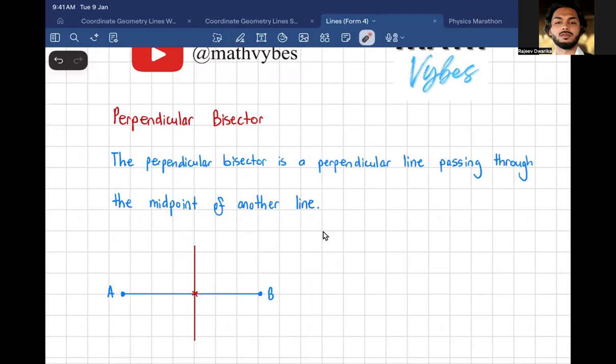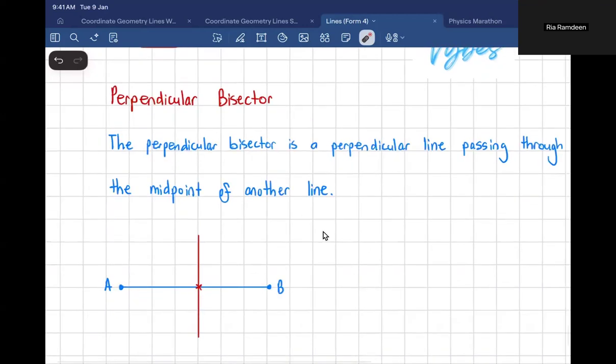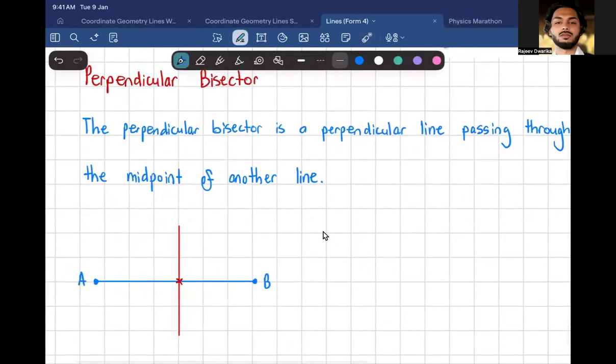Imagine you had a line AB, right? You with me? You have a line AB. The perpendicular bisector would be a line that's perpendicular to that, specifically passing through the midpoint, so the middle of AB. Easy? That's it. We need to learn a couple of things.